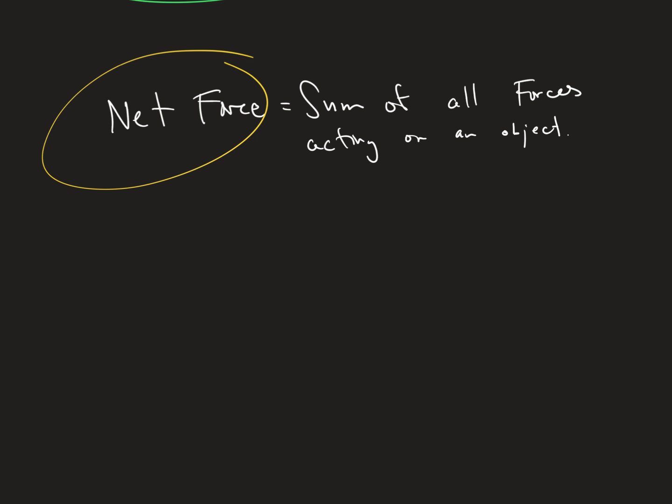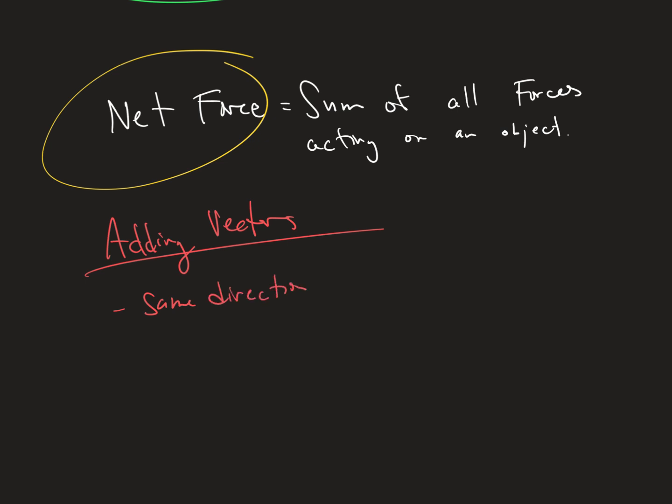Okay, so if I push with 5, now let's go back to adding vectors. If they're in the same direction, for example, if I push on this table with 5 newtons, and I can't get it to move, and Rhea comes over here and says, hey, let me help you. And so she pushes on it with 5 newtons of force.